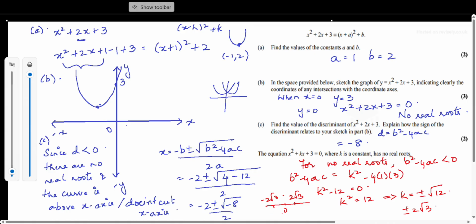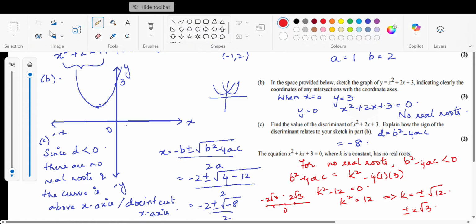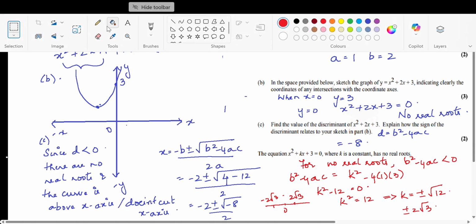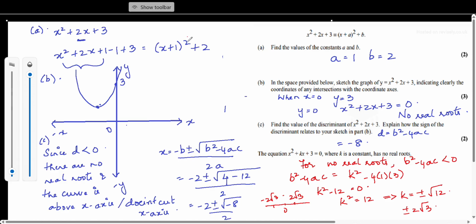So, we'll have to determine if the region between minus 2 root 3 and 2 root 3 is the essential thing, or the region on either side of it is. For which we will solve the inequality here. As always, like even shading in an inequality, we determine this by taking a random point.